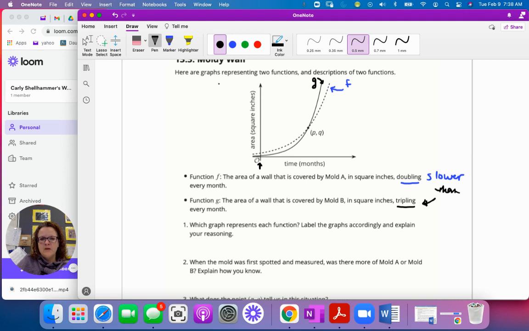And I've got my dashed one, which is mold B. No, f is mold A. So dashed, mold A, has more initial amount of mold. And then mold B is smaller. So it started out with less, but it's growing faster.